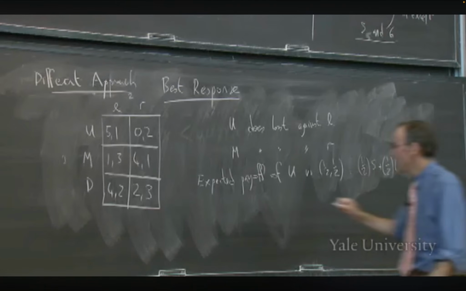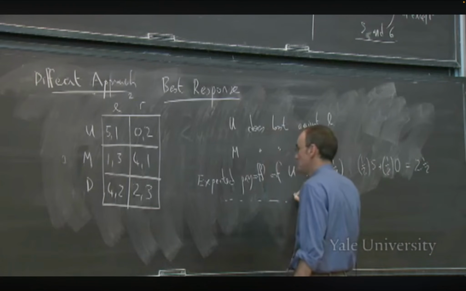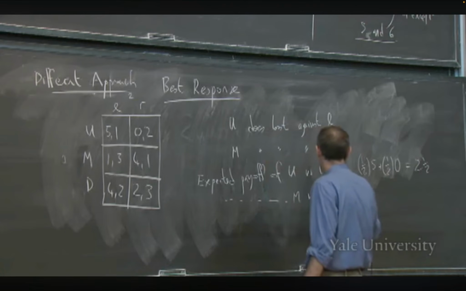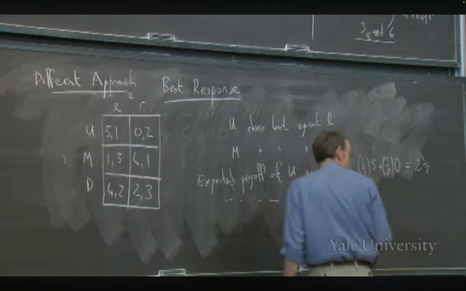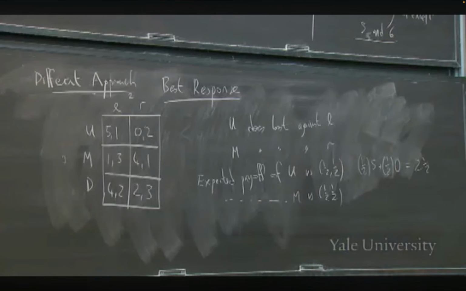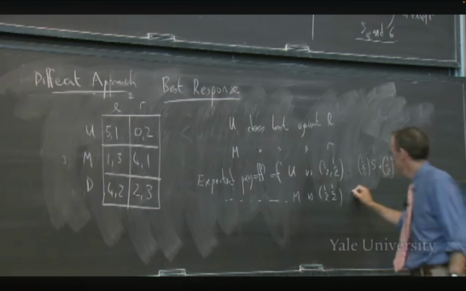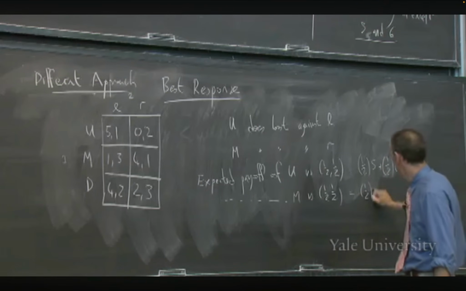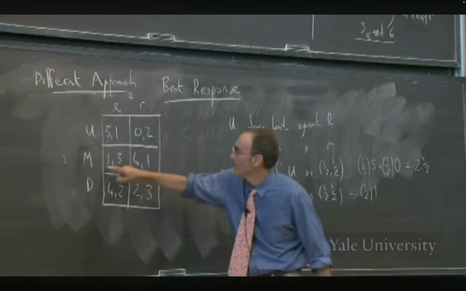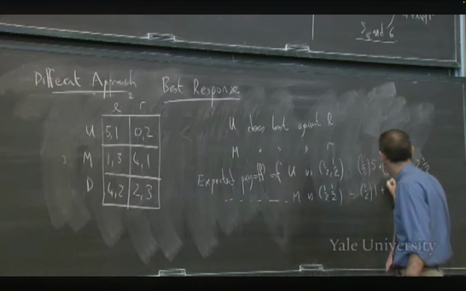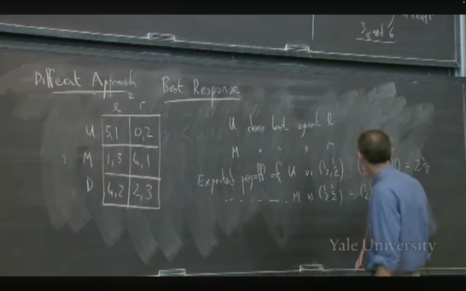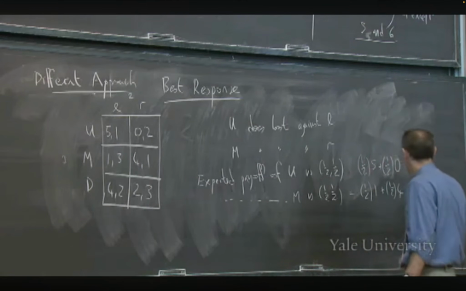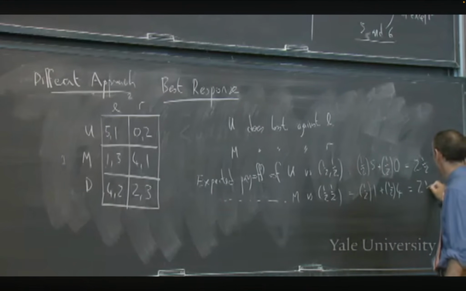What about my expected payoff from choosing middle against a half-half? So in this case where I think it's equally likely that my opponent's going to choose left or right. All right. So in this case, my expected payoff is a half of 1 plus a half of 4 for a total of, again, 2.5.